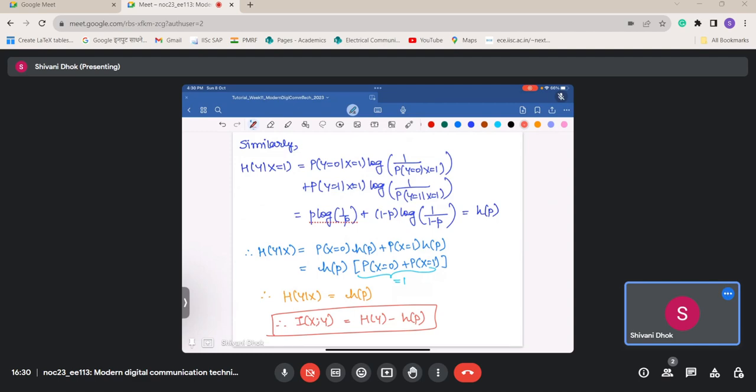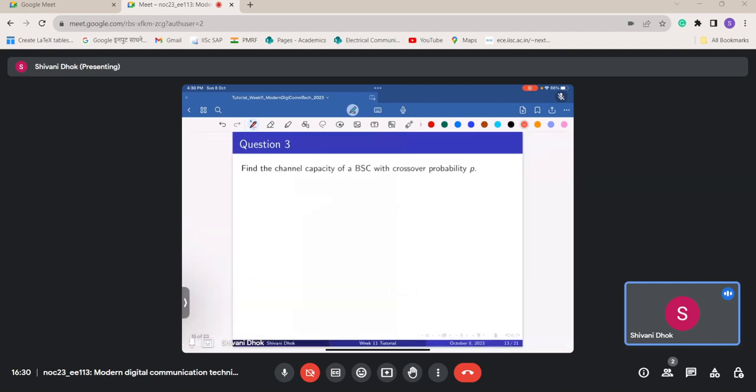Okay, if there are no questions, then let's move ahead with the third question for today. What does this question say? We need to find the channel capacity for a binary symmetric channel with crossover probability P. So what do we know about channel capacity?